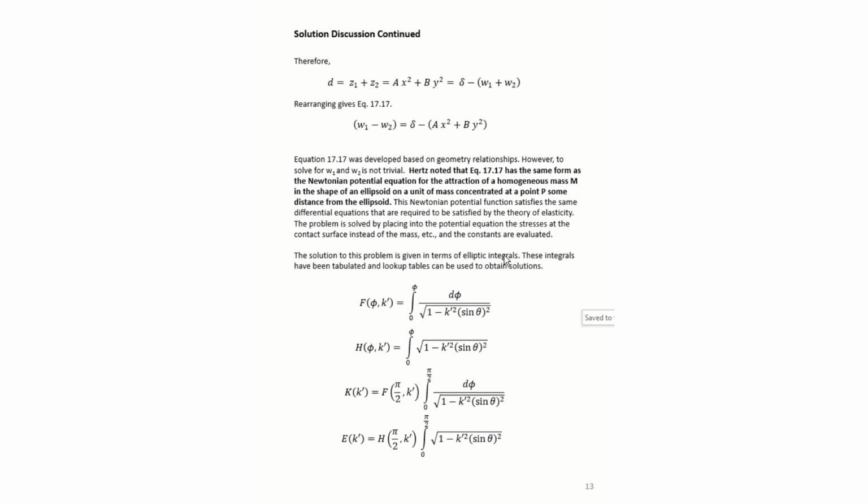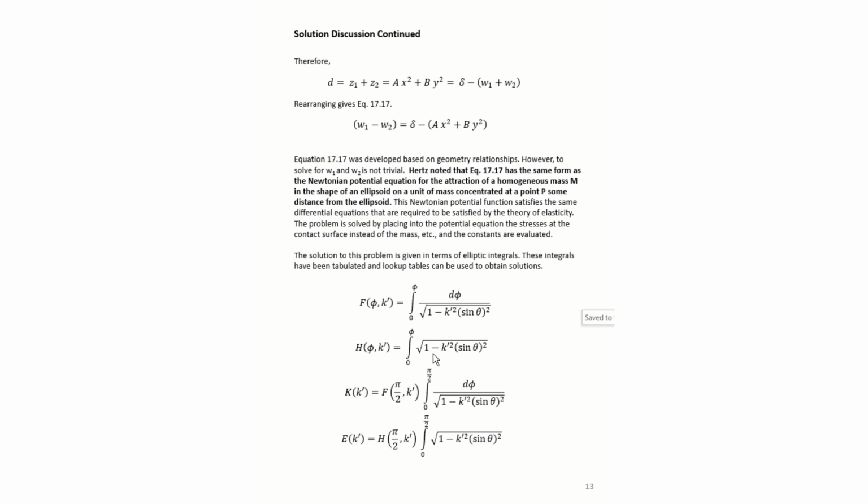And so if we come down here, the solution to this problem up here can be given in terms of elliptic integrals, and these are the definitions of the elliptic integrals that we will use. And if you remember, we introduced a K prime value early on, defined what that was. That's going to come into play here. So when we say f of these terms in these brackets, this represents an elliptic integral.